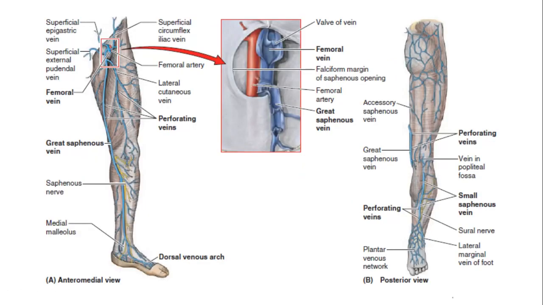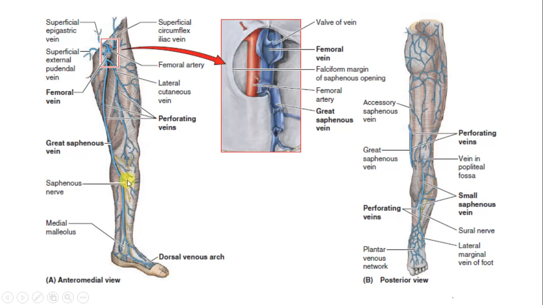And now in this slide we are seeing the great saphenous vein. We should know the normal structure of the great saphenous vein: it starts from the medial malleolus, runs upward on the medial side and ends at the saphenofemoral junction, where it crosses the cribriform fascia and enters the femoral vein.